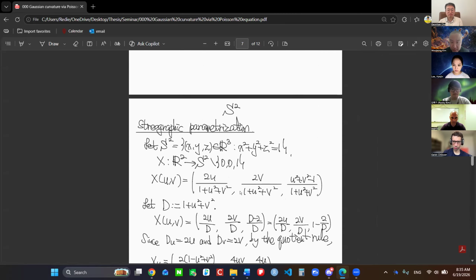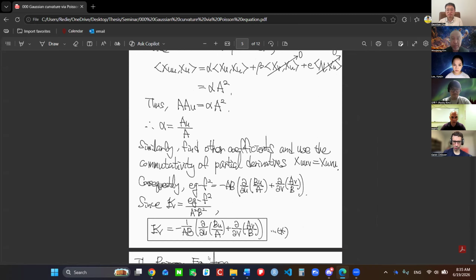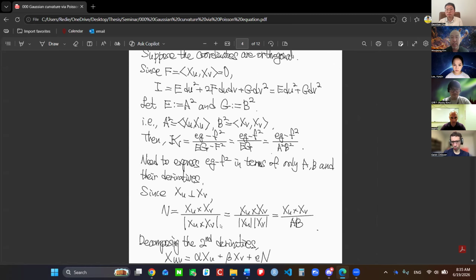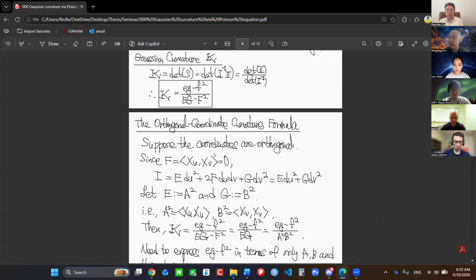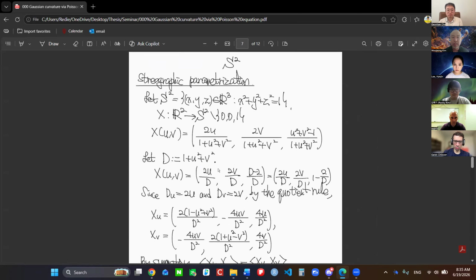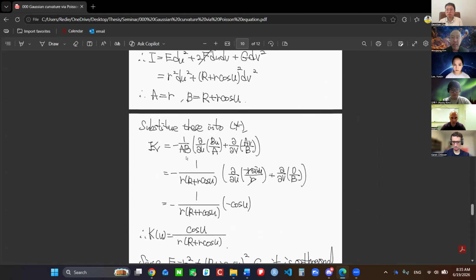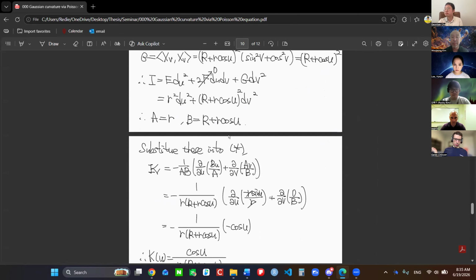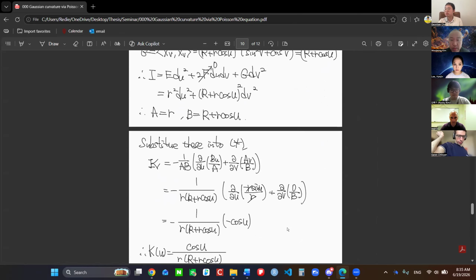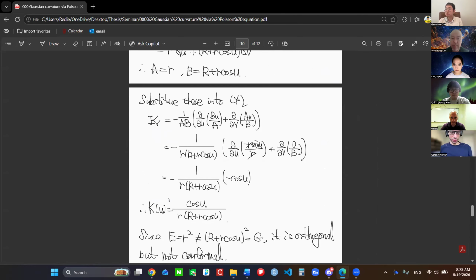If you remember, this one is the Gaussian curvature in an orthogonal coordinate system. So you substitute this into this, and then do some computation.